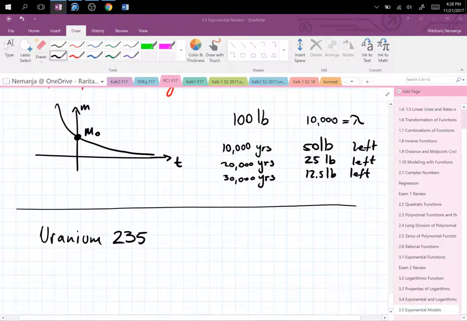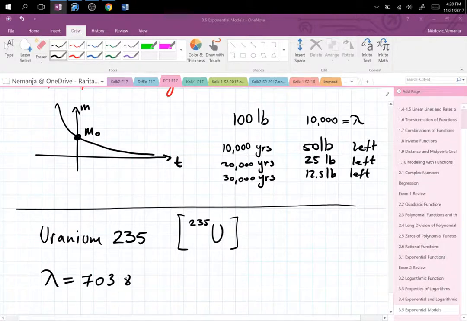So 235 U, that's the chemical symbol in the periodic table. And we have the half-life of 703,800 and then 3 zeros, years.